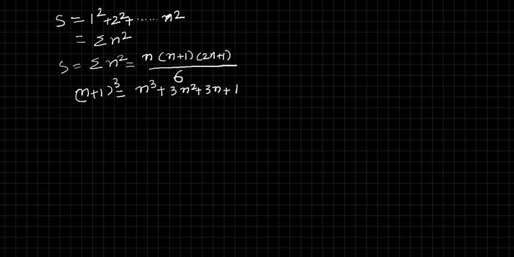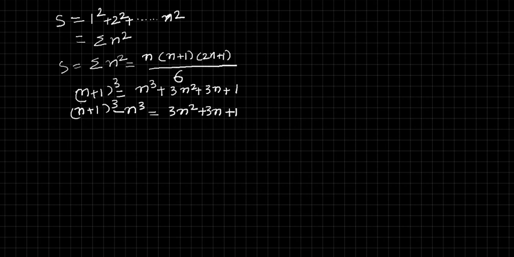So if you further simplify this, n plus 1 whole cube minus n cube is equal to 3n square plus 3n plus 1.